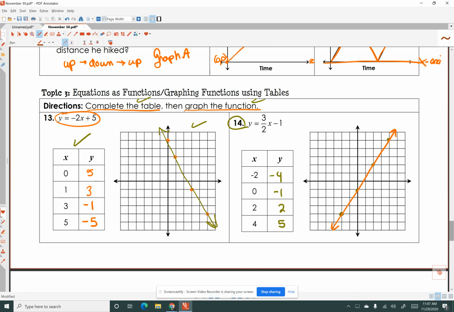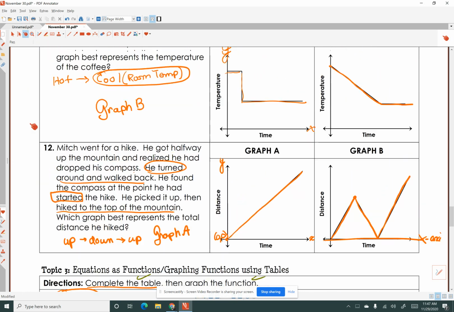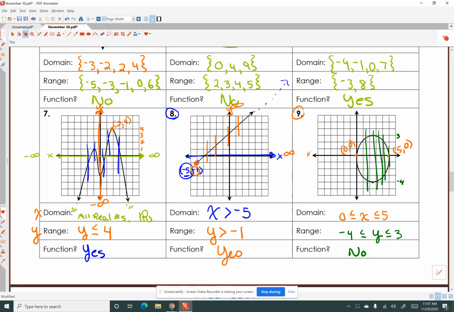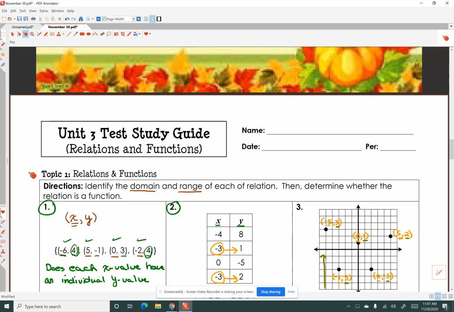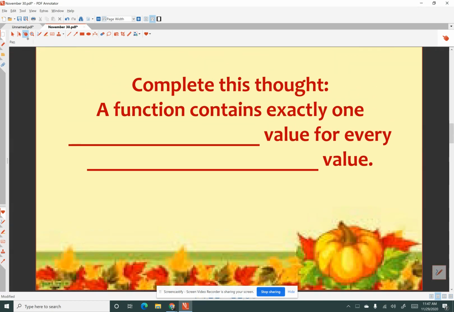Let's go back to our do now, or exit ticket, excuse me. So, complete this thought.